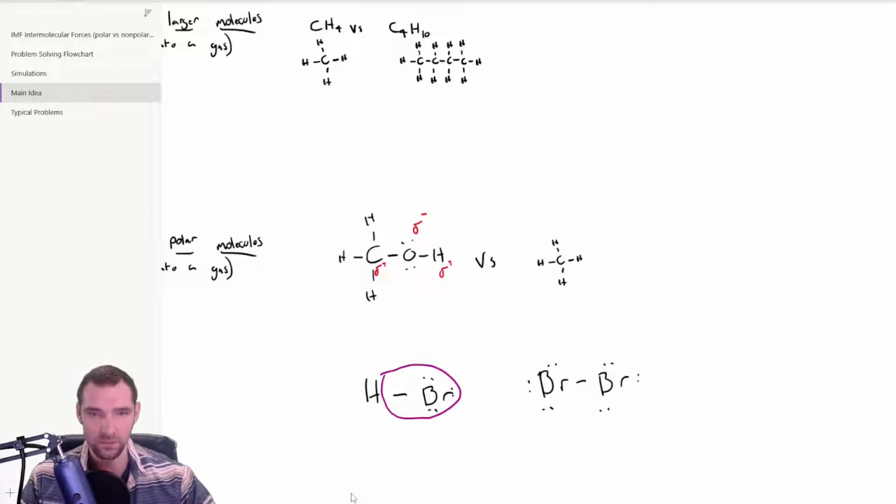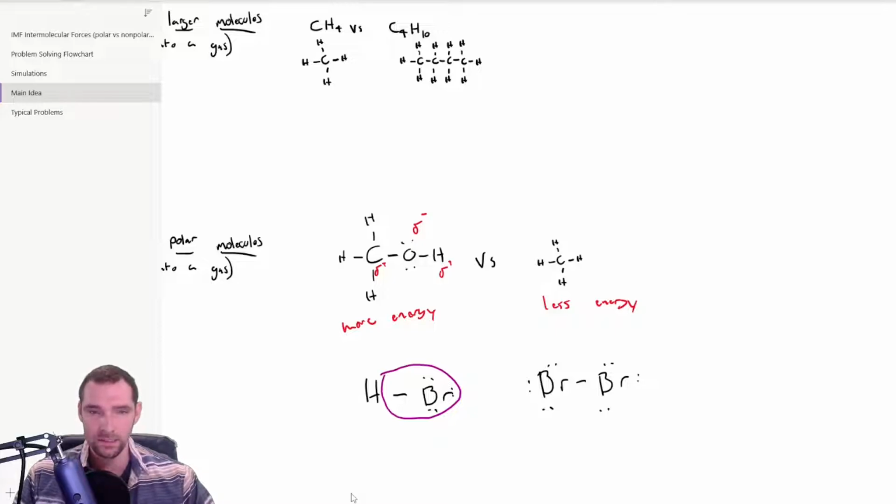Because it has those partial charges, it's going to interact with other partial charges from other molecules, like other CH4Os. So this is going to need more energy, and this is going to need less energy to boil off.